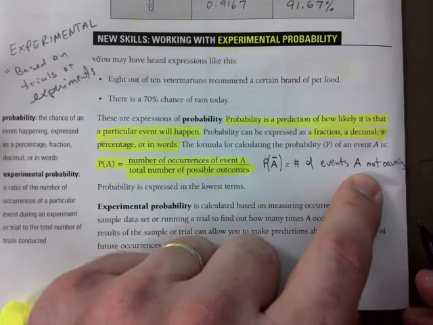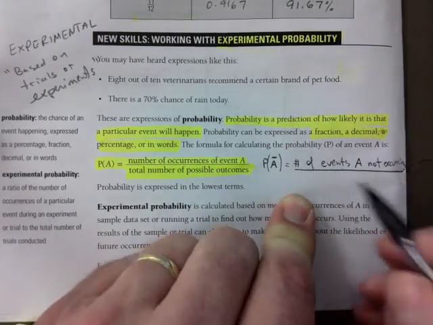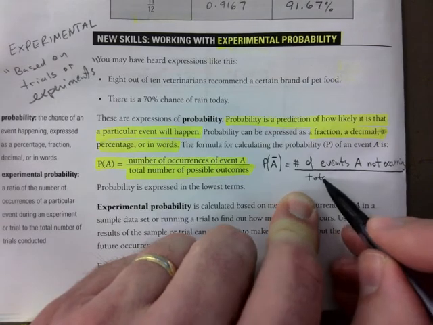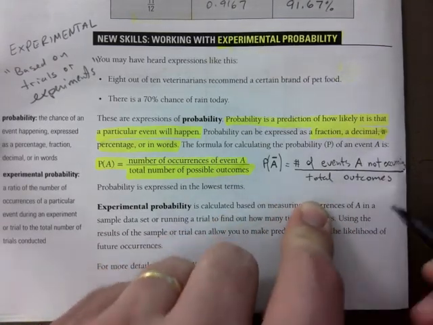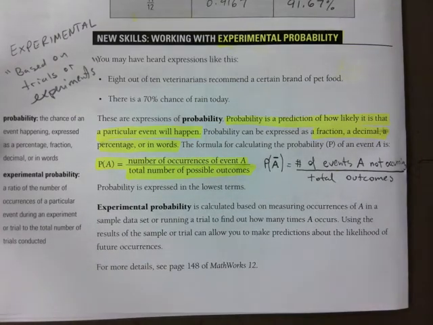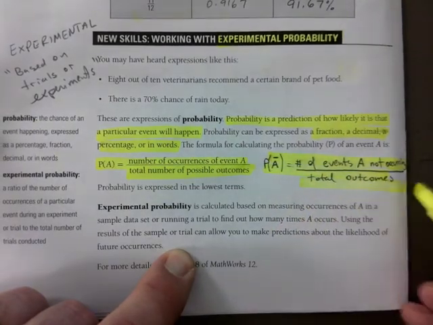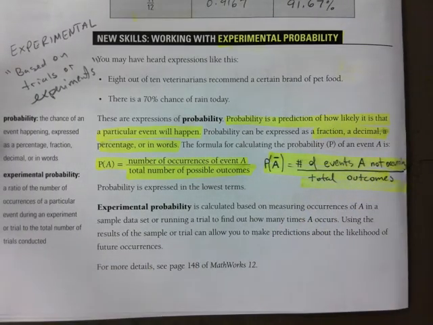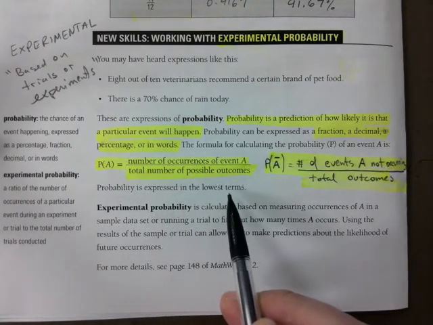Number of events A not occurring over total outcomes. And watch this, the total in probability is key. If there's the total number of events, that means you're definitely talking probability. It says probability is expressed in lowest terms only if required, right?